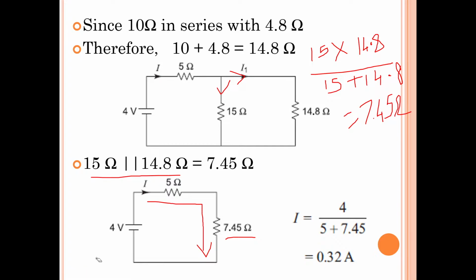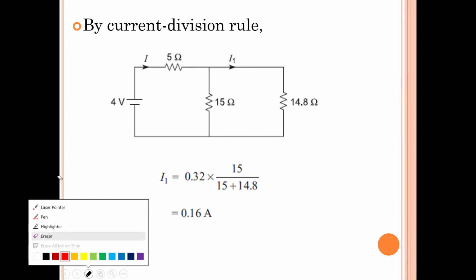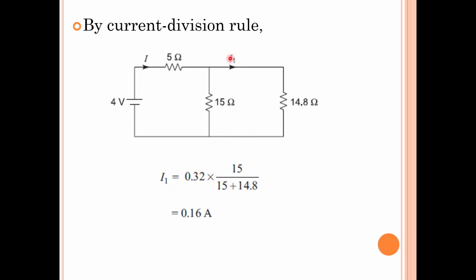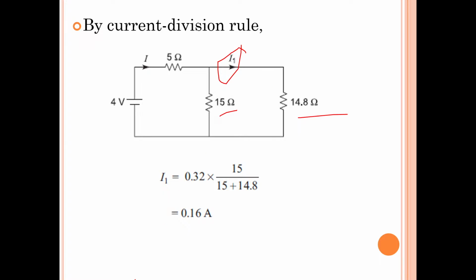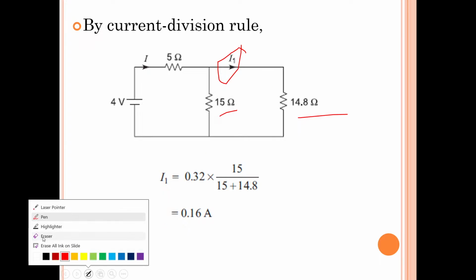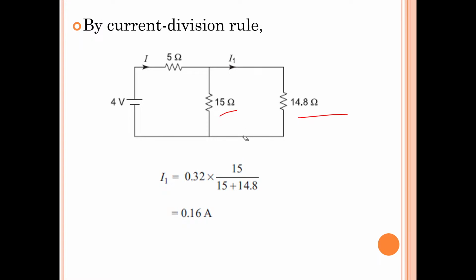Now we know the total current. Let us take back the other circuit which was 14.8 ohms connected parallel to 15 ohms, which is already there in your notes. To determine the I1 current, you just take this other circuit, the previous circuit, which I have redrawn here.